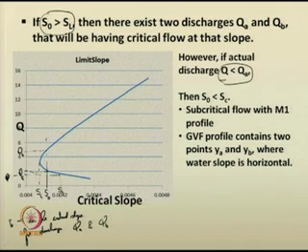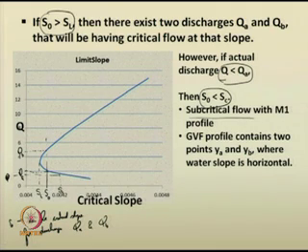So, S0 in such a situation is less than the critical slope. Therefore, again the subcritical flow with M1 profile will exist, fine, because the gradually varied flow profile contains 2 points. You know that for QA there is one particular depth YA, for QB there is another particular depth YB.